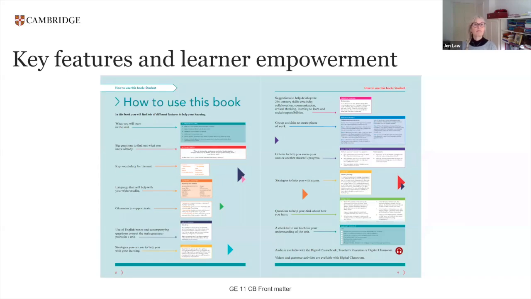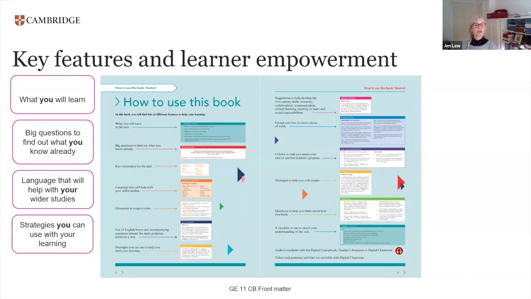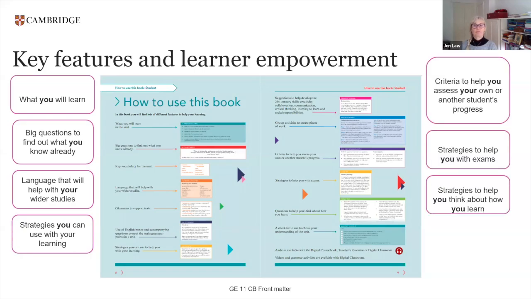Okay, so I'm going to put some bubbles up on the screen, and I'm going to ask you in a moment, have a little look. I've just pulled these out of this book that you can see in front of you, this page. These are front matter pages from the beginning of the course book, okay? And I'd like you just to have a quick read of the bubbles I'm showing you. They're just enlarged from what is on the page itself.